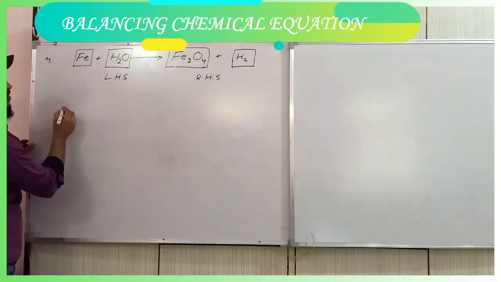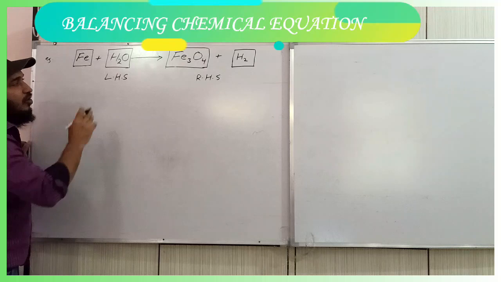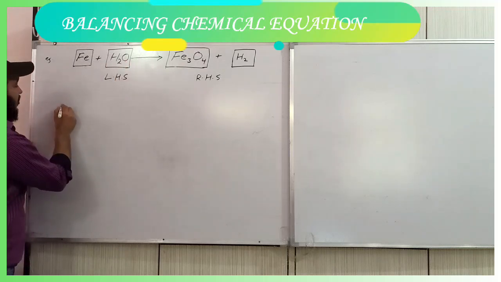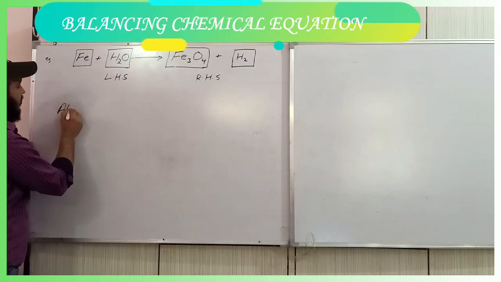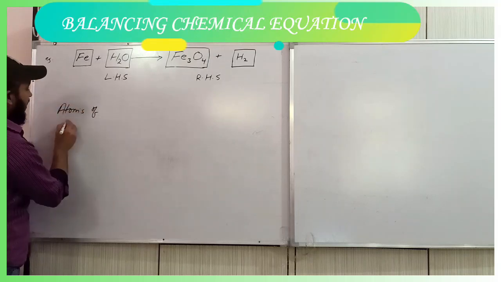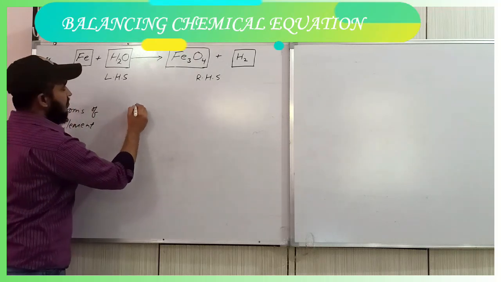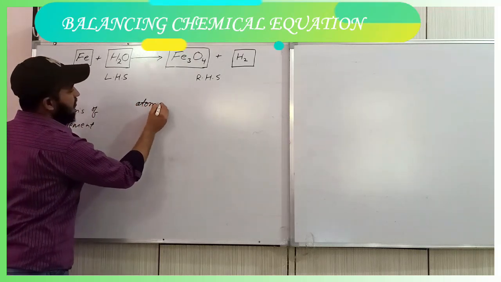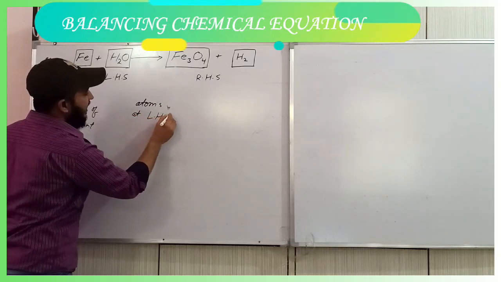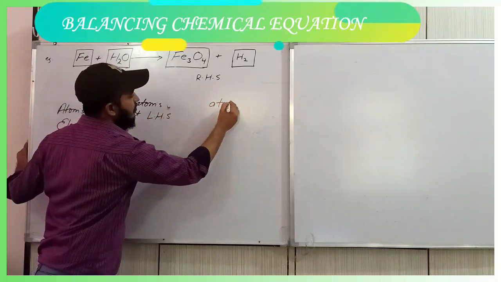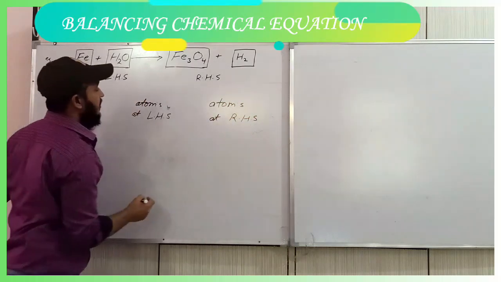Then at the start, we make a table of the number of atoms on both sides. So: element, number of atoms on left hand side, number of atoms on right hand side.